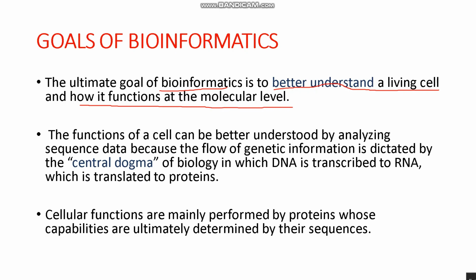On the molecular level means the DNA, RNA, and protein level, how the cell actually functions. The functions of the cell can be better understood by analyzing sequence data, because the flow of genetic information is dictated by the central dogma. We will talk about it.